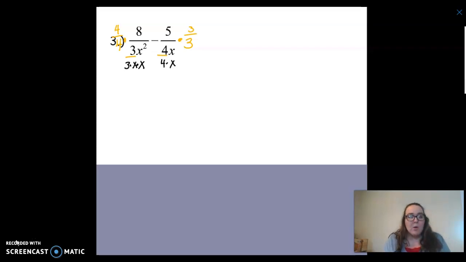That's going to get us a 4 times 3 on this side. 4 times 3 is 12, x squared. 4 times 3 on this side is just 12x. Because this side has this extra x that the right fraction does not have, we are going to multiply by 3x on that second fraction instead of just 3.